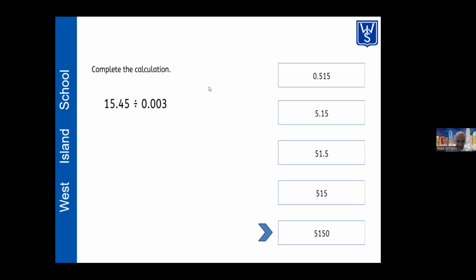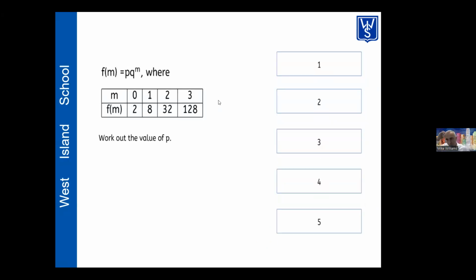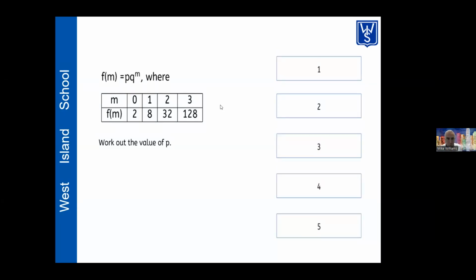Yeah, most people getting that right. So we get these maths questions right. This is functions. I'll give you 20 seconds to do this one. A lot of your children will be getting this right.